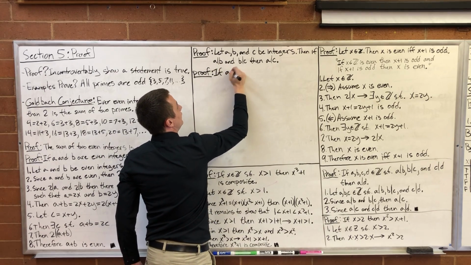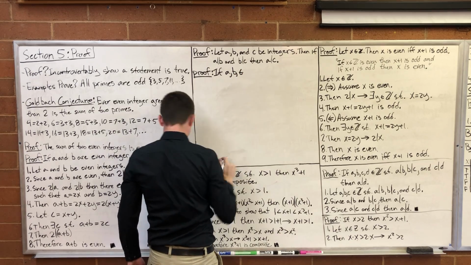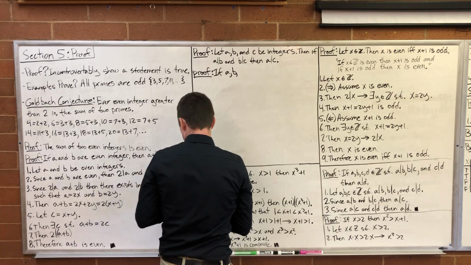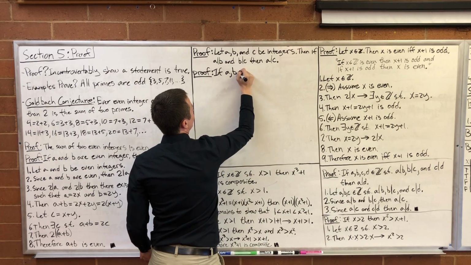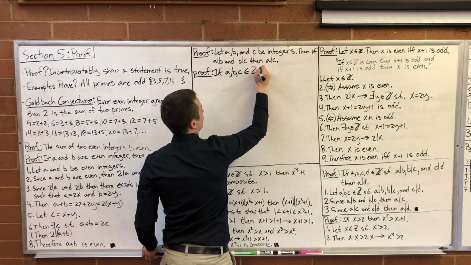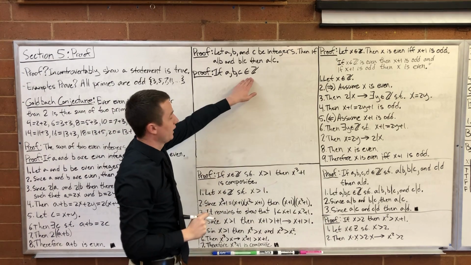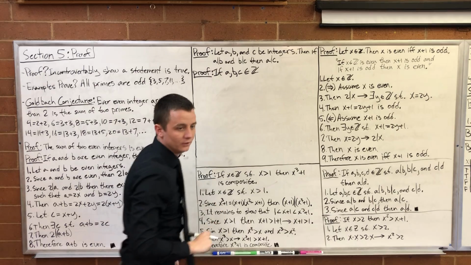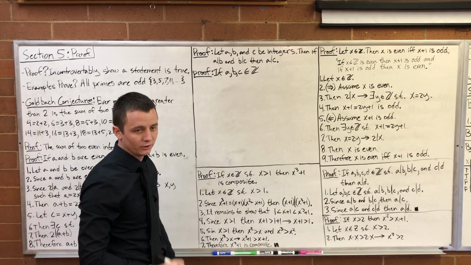In the integers set. If A, B, and C are integers, you okay with that? Are integers? I spell R weird, and I spell integers even weirder.